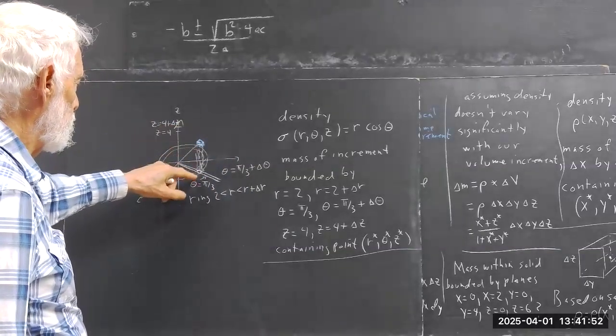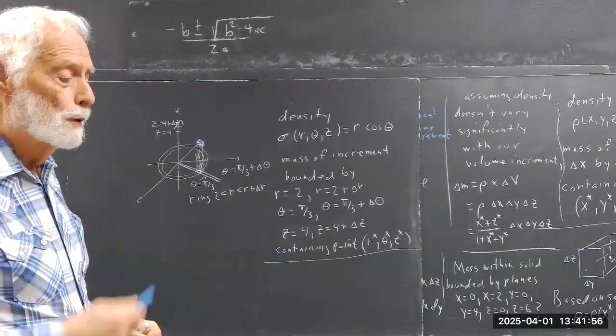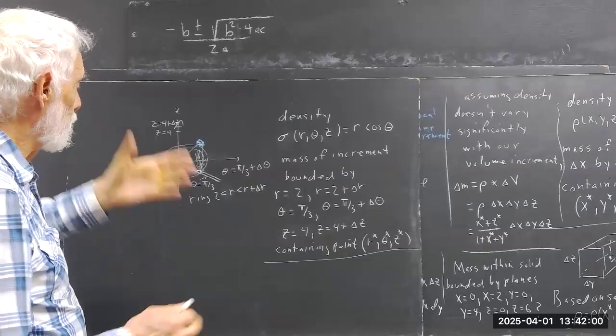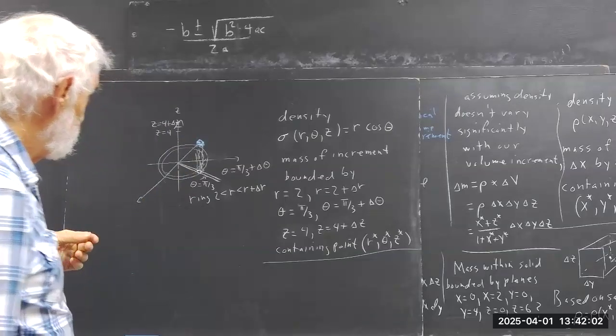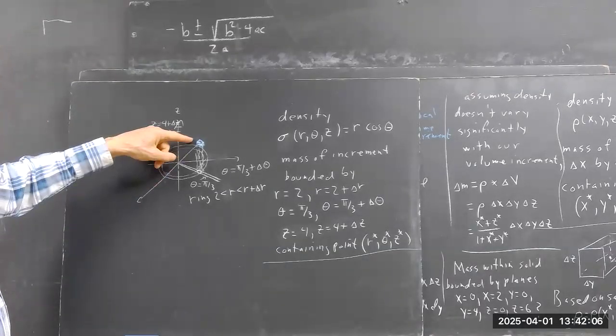So here's my typical increment above this increment down here. It's poorly drawn. Need a better instrument there. I should have gotten it maybe bigger. Okay, what are the dimensions?